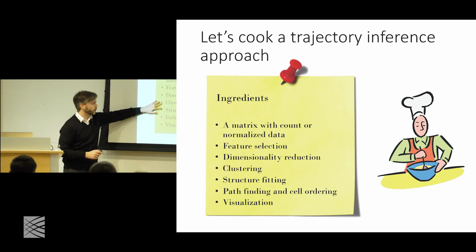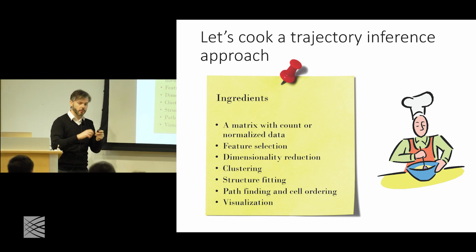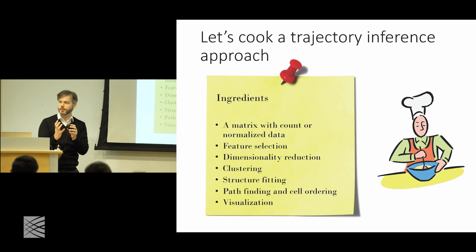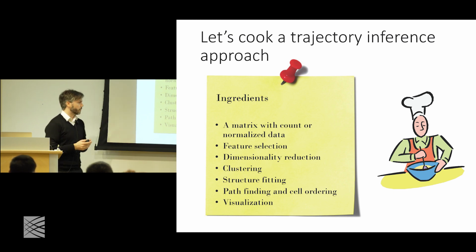Then some methods use clustering or structure fitting. The key idea is that if you want to learn this progression of states, you can use clustering to help in finding regions that are really stable, right? So you have a lot of cells in that state, so you can say, okay, this is a good stable state that you can use to infer things that are between two states.